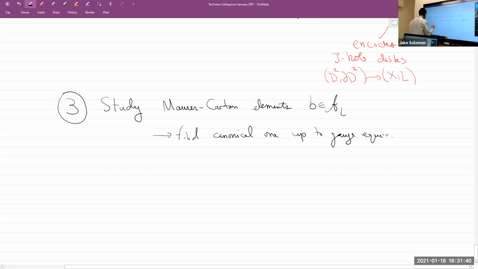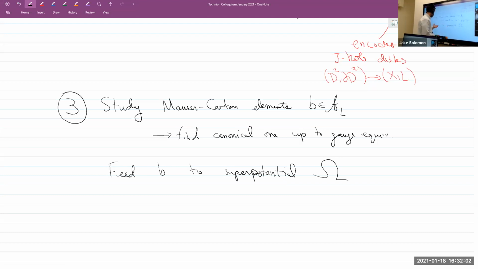You feed B to what you call the superpotential, which is just something we define for an arbitrary cyclic unital A-infinity algebra, and you get this omega, which we wrote down very explicitly before, but you do it the other way around.